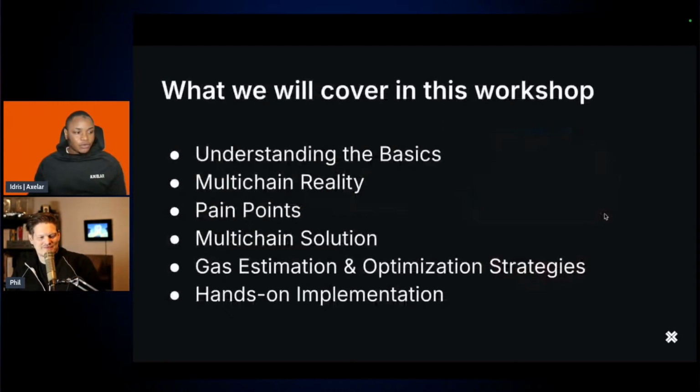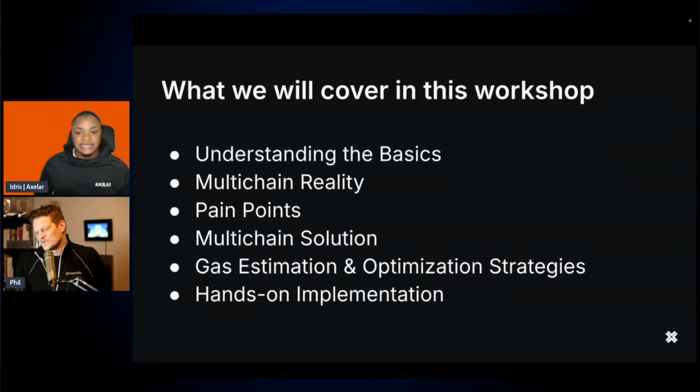All right. So what are we going to cover in this workshop today? First, we'll go through the basics, like what are gas fees, how do gas fees work, the flow, and what you should think about. And then we'll talk about the multi-chain reality, what happens when you're trying to send a transaction from one chain to another, when you're trying to communicate from chain A to chain B. And then we'll also look at the pain points. What are some of the considerations?